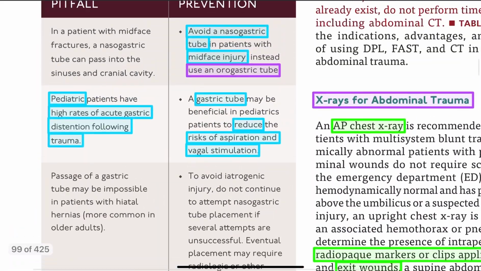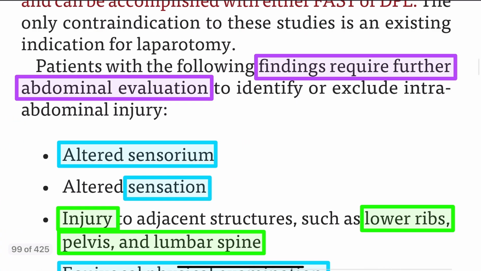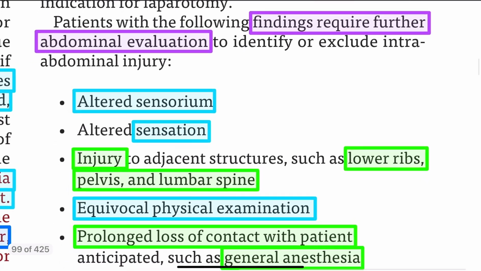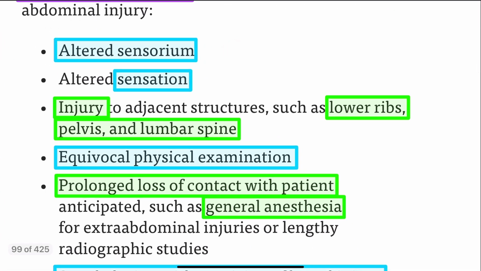Now come to the findings that require abdominal evaluation. If you get any of these findings in an injured patient, you should do abdominal evaluation. What are the findings? Altered sensorium, altered sensation, injury to adjacent structures such as lower limb, pelvis or lumbar spine.